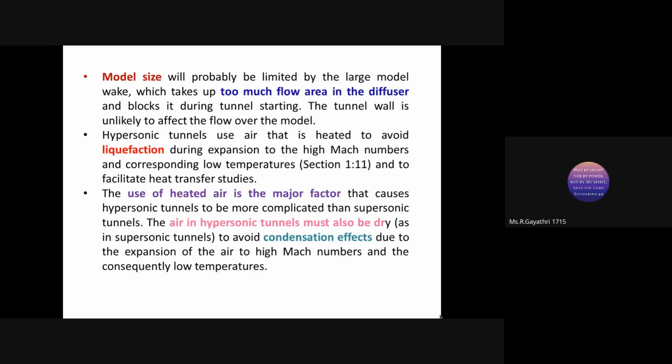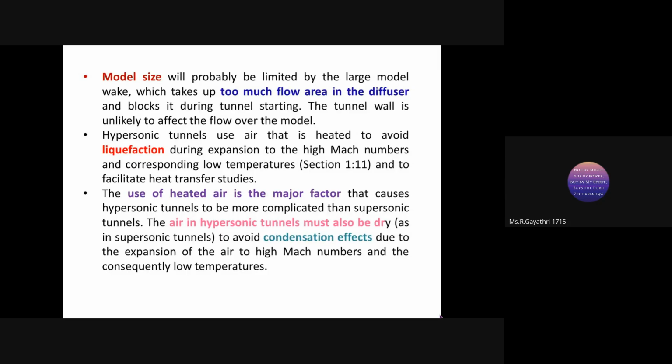So hypersonic tunnels use air that is heated to avoid liquefaction during expansion to high Mach numbers. Hypersonic means high speed. So when you expand the flow to reach higher Mach number, the air may change its phase to liquid.